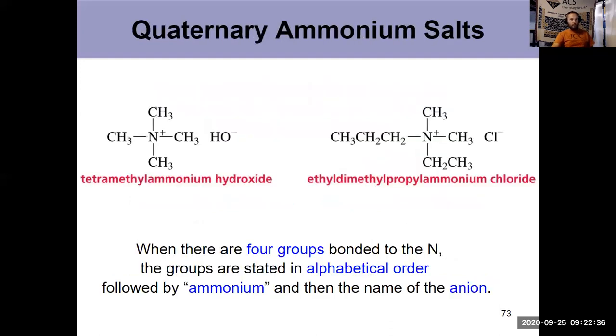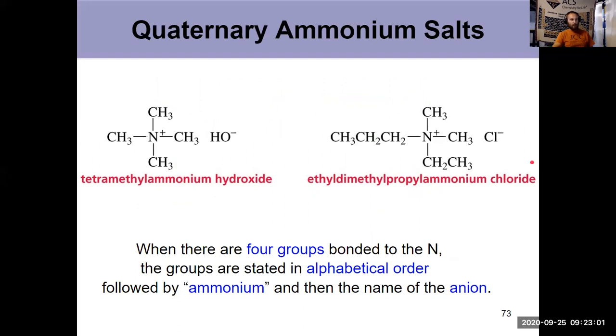Lastly, if I have a quaternary ammonium salt, that means I have 4 groups bonded to nitrogen, so I have a +1 formal charge. I name the groups in alphabetical order, however many there are, if they're different, and then you follow it by ammonium and the counter ion. You always have to have a counter ion because nitrogen is positively charged, so I follow it by something with a negative charge.